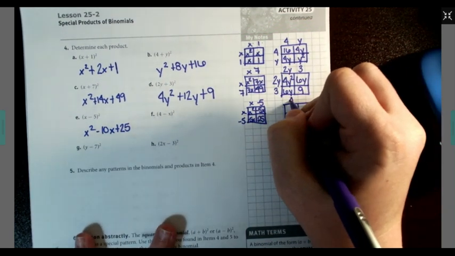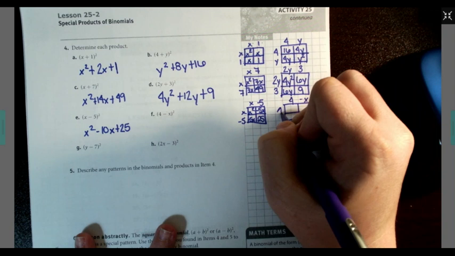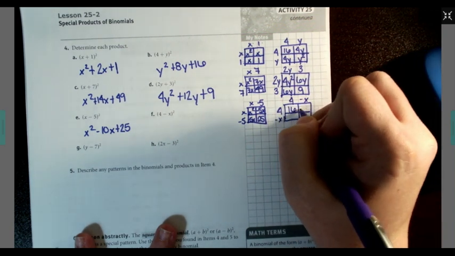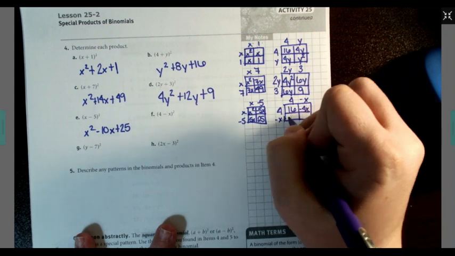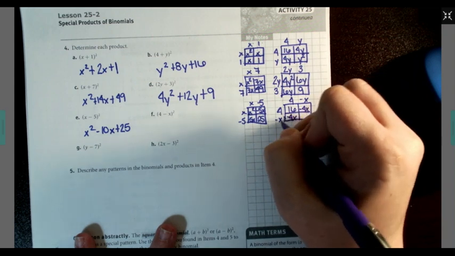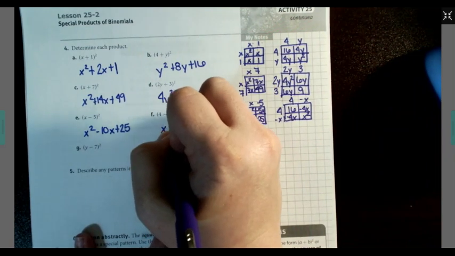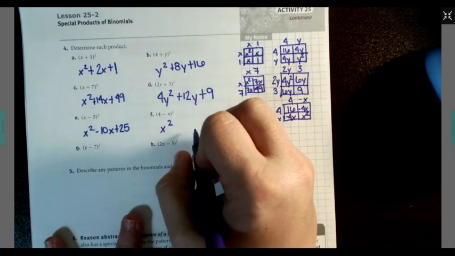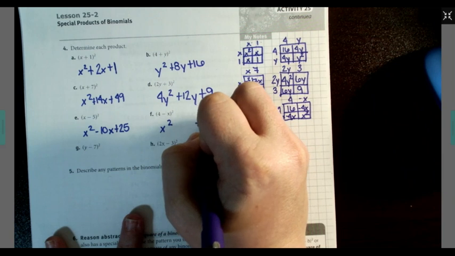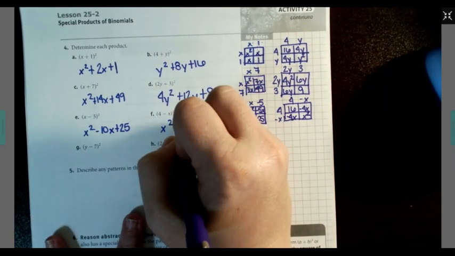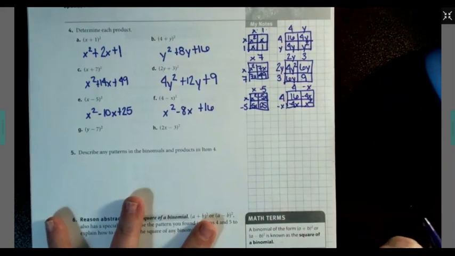We have 4 minus x, 4 minus x. So that's 16, negative 4x, negative 4x. This is positive x squared. I'm going to write this in descending order, so we're going to do the x squared. We've got the positive 16 at the back end, and negative 4 makes that negative 8x.